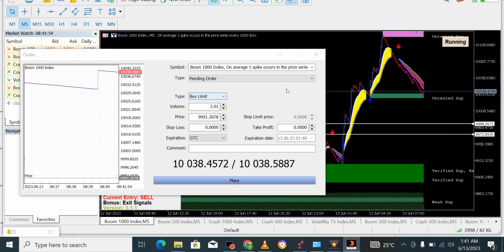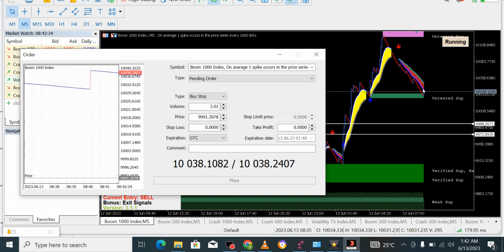Now let's see the pending order that will work with this. If it's going to work with it, then this should be showing. So we are doing a pending order for a buy trade. Some people told me that they are using buy stop. Now let's try buy stop. You can see you won't be able to place the order if you use the right parameter.